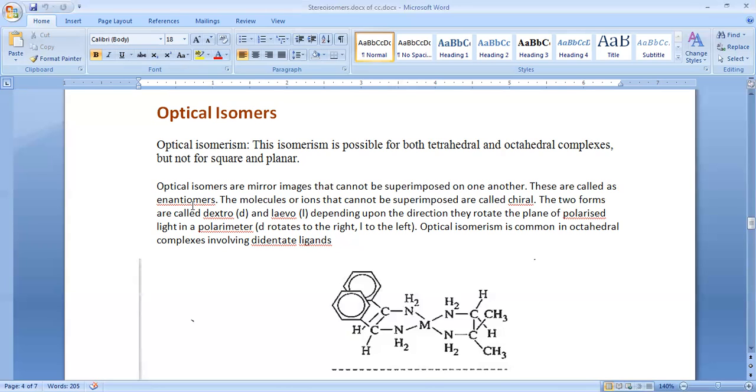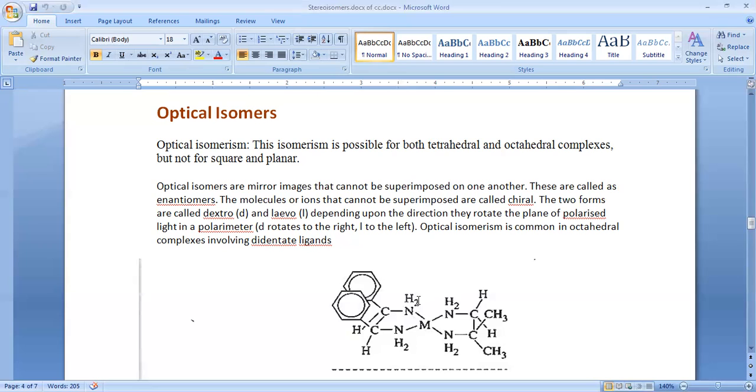If any carbon is bonded or connected to four different atoms or groups, then that carbon is known as a chiral carbon, or chiral center. And a molecule which has a chiral carbon is considered a chiral molecule. So in this case also, our central metal atom should have chirality.